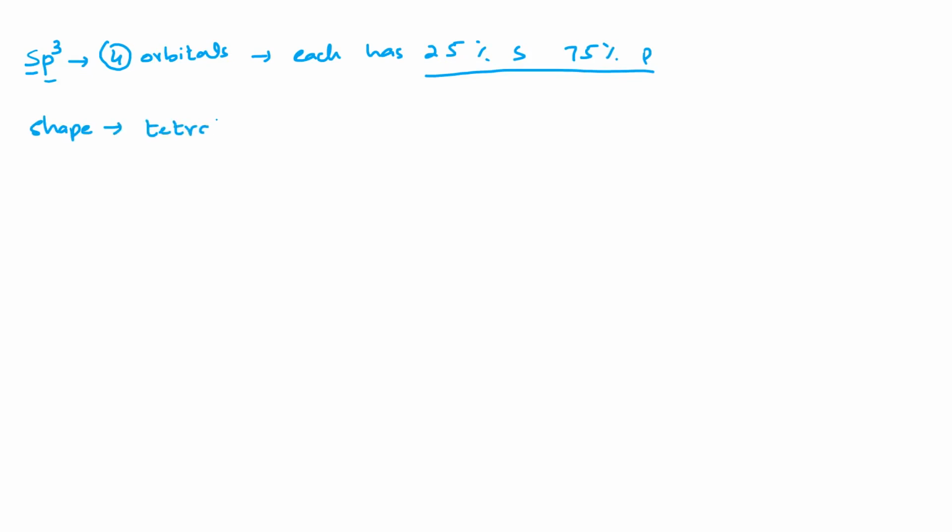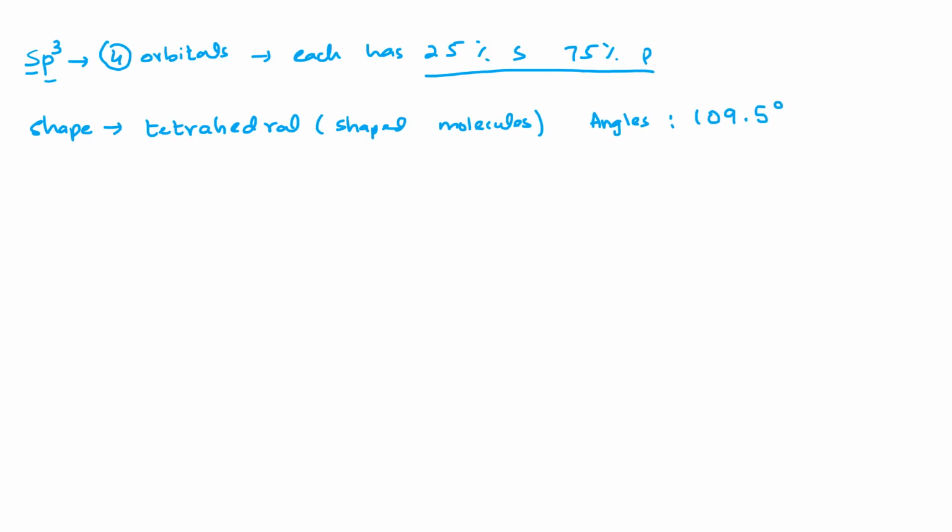That means any element, any compound, any molecule that undergoes sp3 hybridization would have a tetrahedral shape. And the bond angles between them would always be 109.5 degrees.